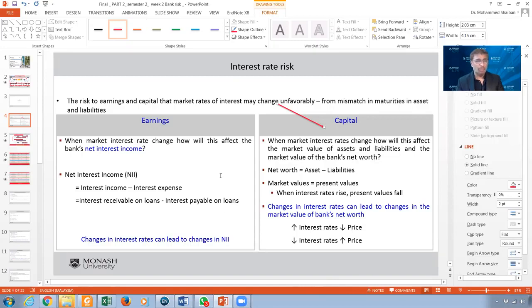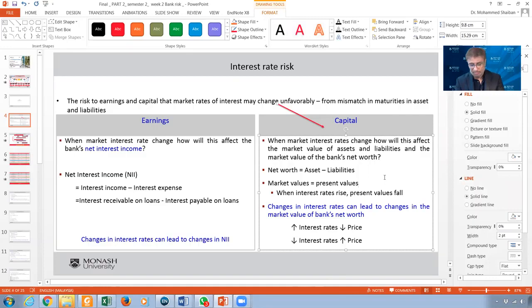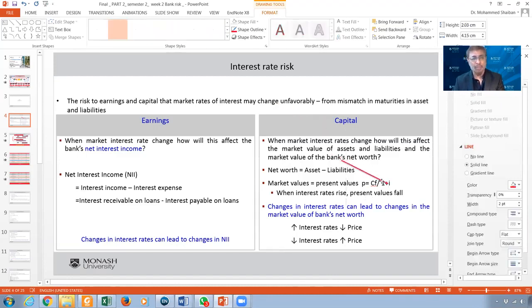As I told you, the price of the asset is the cash flow over 1 plus i. If i increases, the price will go down.